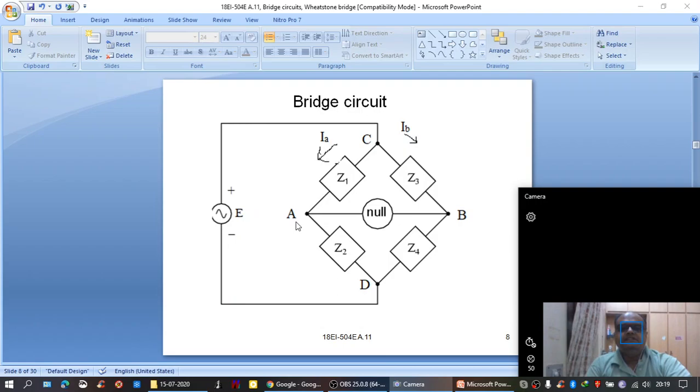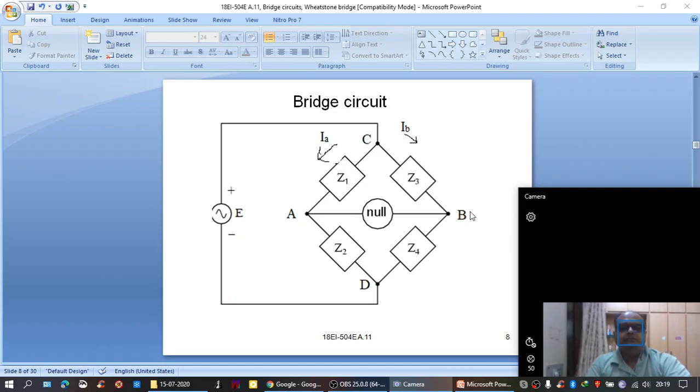And what is the voltage at terminal A? VA is equal to IA into Z2. What is IA? IA is E by Z1 plus Z2. So VA can be written as E by Z1 plus Z2 into Z2, right? Similarly, VB is equal to IB into Z4. In turn, IB can be written as E by Z3 plus Z4.